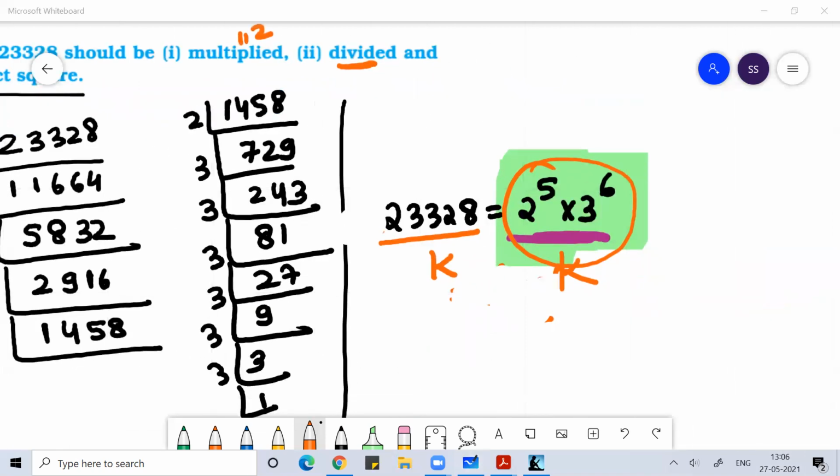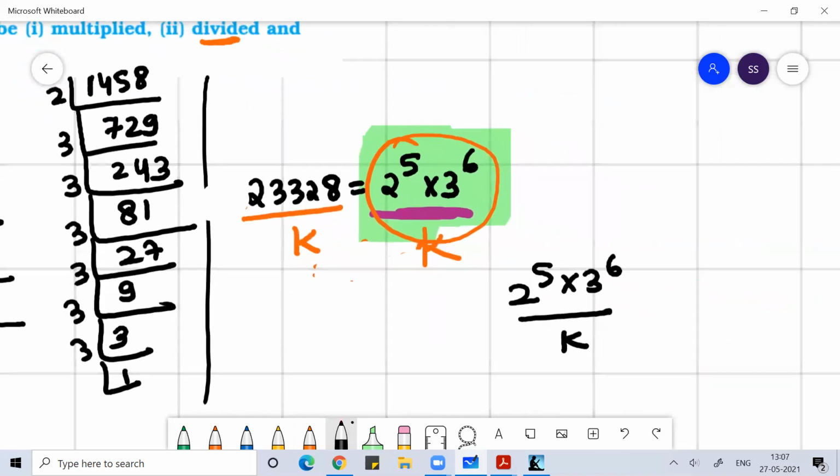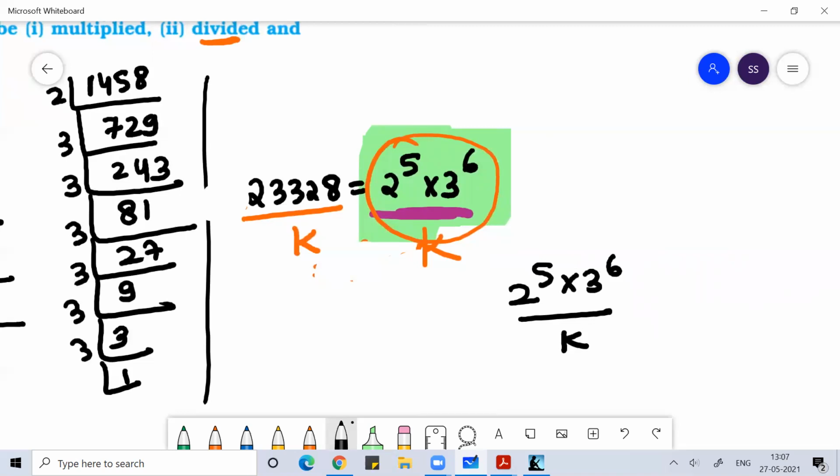2 to the power 5 into 3 to the power 6. Tell me the smallest number by which you can divide it so that it becomes a perfect square. Divide by 2 to the power of 4 into 3 to the power of 5? 3 to the power 5 is not a perfect square, no?